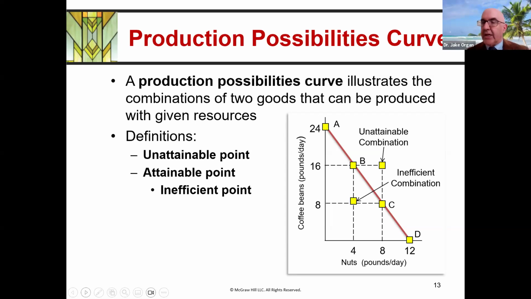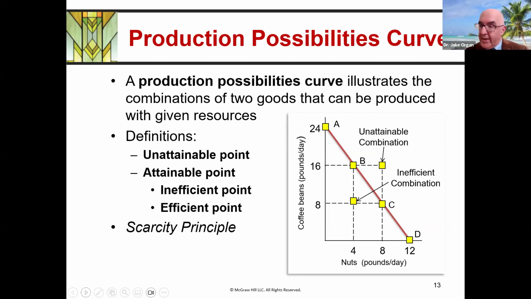This inefficient combination is, maybe this person is producing 8 pounds of coffee and 4 pounds of nuts, but they're not using all their time. It's an inefficient point. An efficient point is going to be something along the production possibilities frontier, A, B, C, or D.